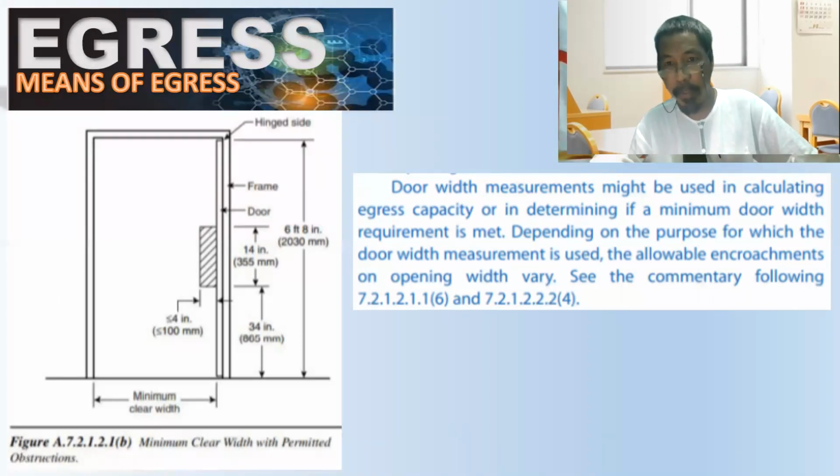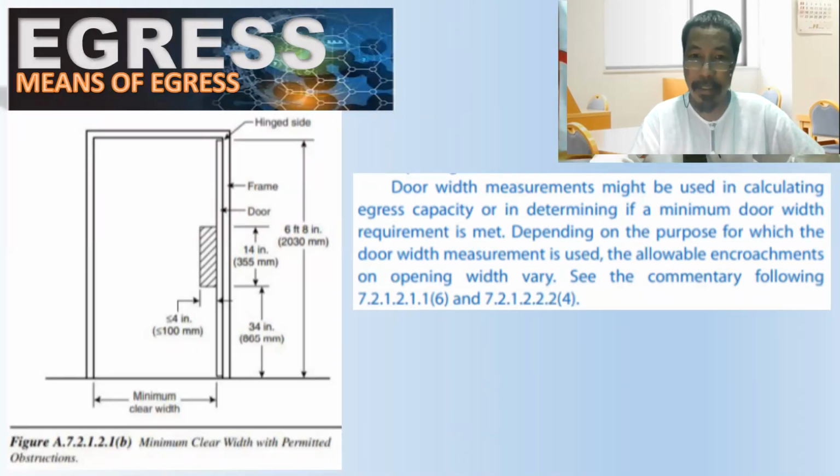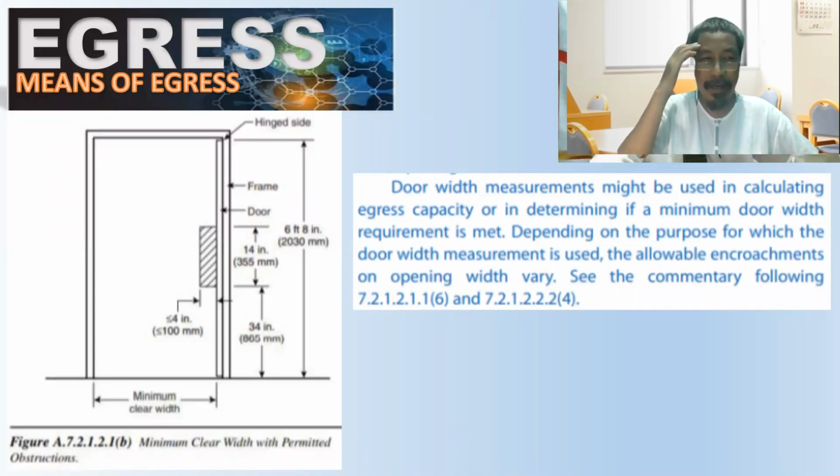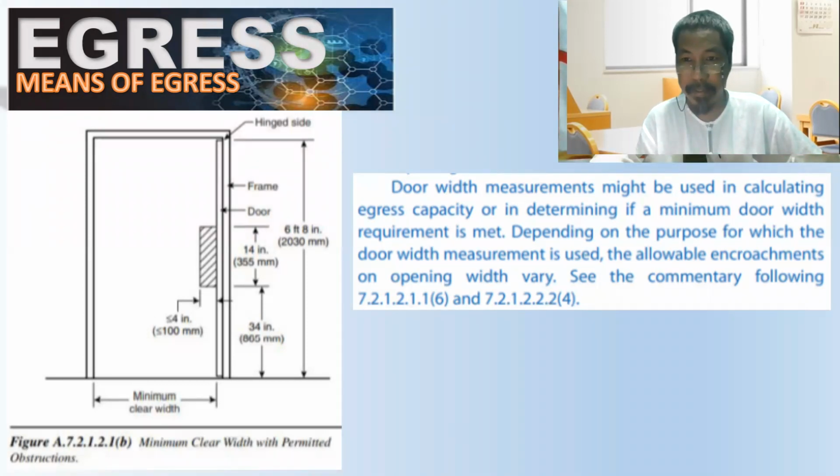Door width measurements might be used in calculating egress capacity. So it is computed. It is not assumed. It is not being guessed by the designer. It is being computed. So we have to calculate capacity for egress or determine if a minimum door width requirement is met, depending on the purpose for which the door width measurement is used.